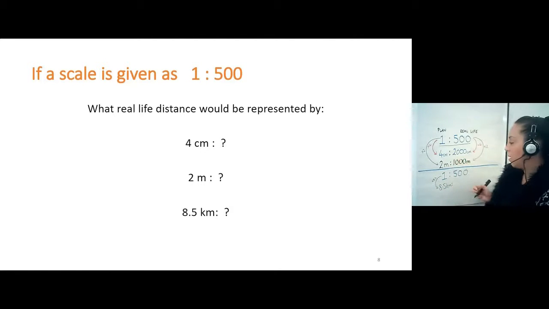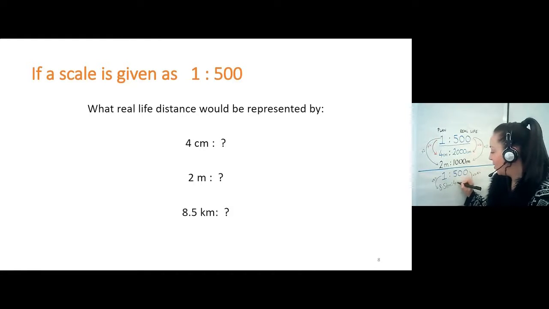So that's how much we've increased by. So because we've increased this side by 8.5, we're going to do exactly the same to this side. 8.5. Silly me. If anybody wants to use a calculator for that one, that's fine. But it's 4,250.